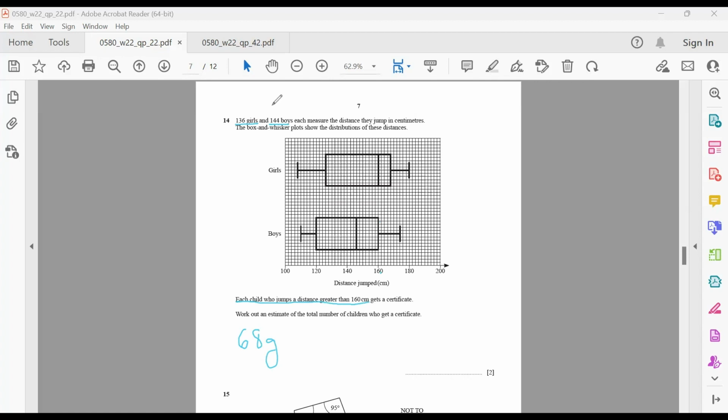So 25% of 144 is 36. So we can write 68 girls plus 36 boys, which gives us an answer of 104. So therefore, a total of 104 students get the certificate.